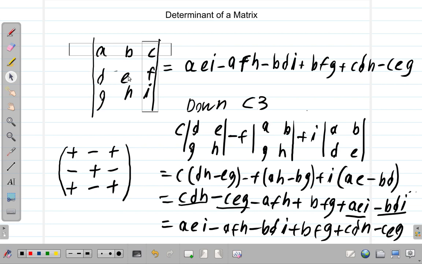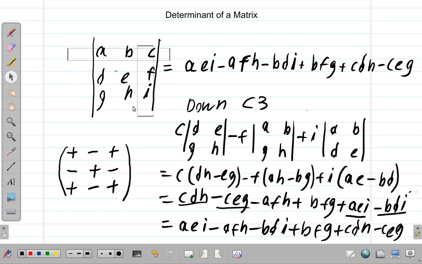Same determinant by covering row 1 and then going across, covering column 1, column 2, column 3, or doing the same thing for row 2, or covering row 3 and then going across row 3.